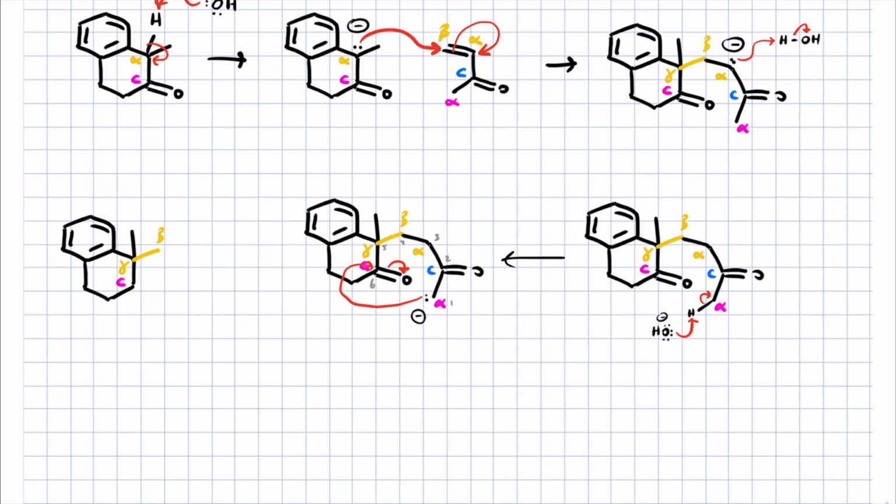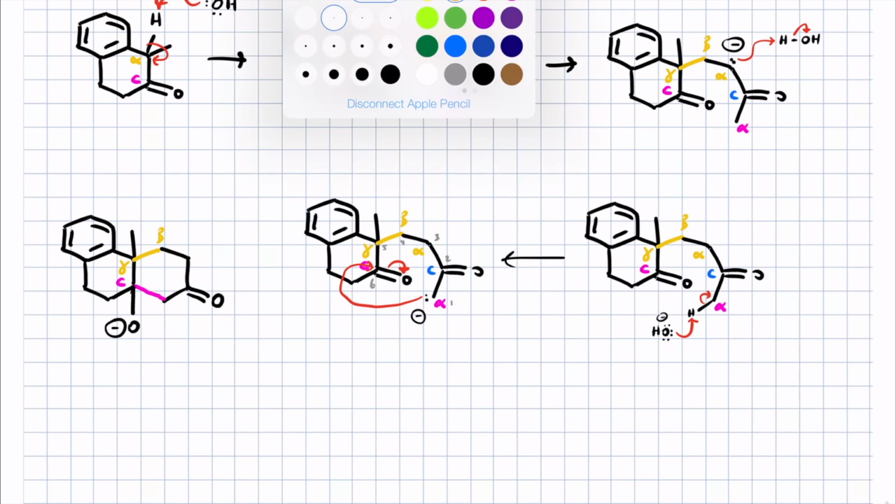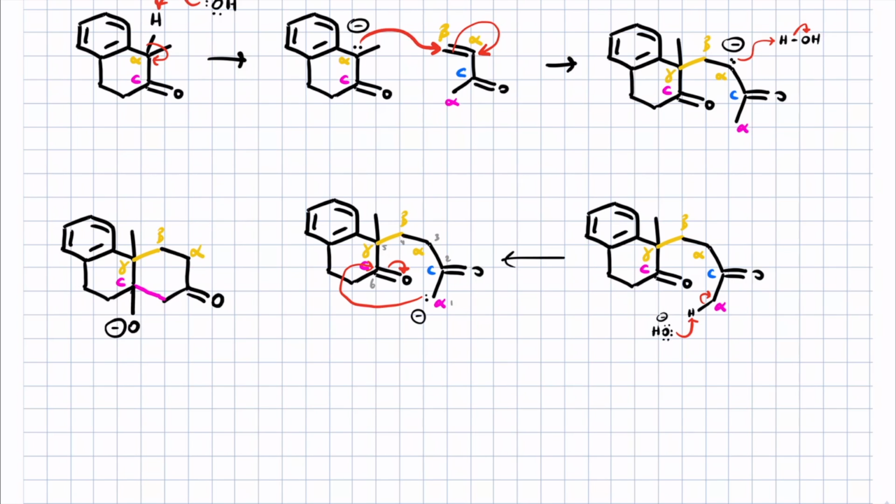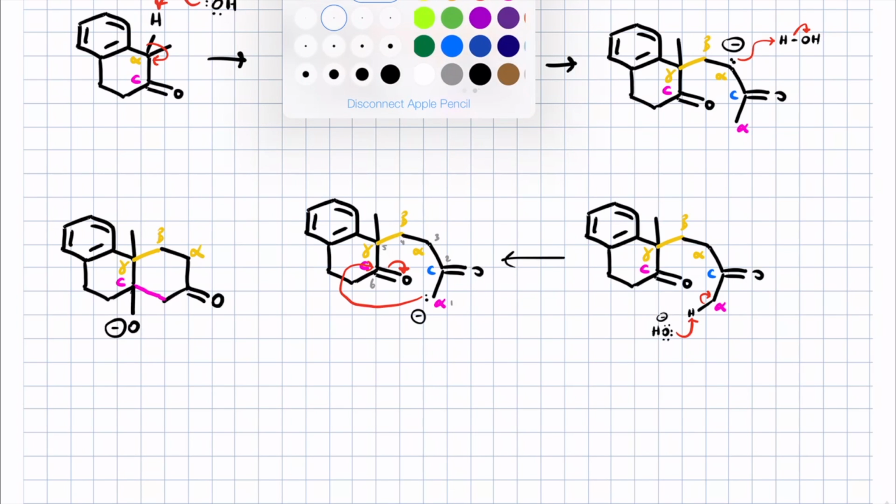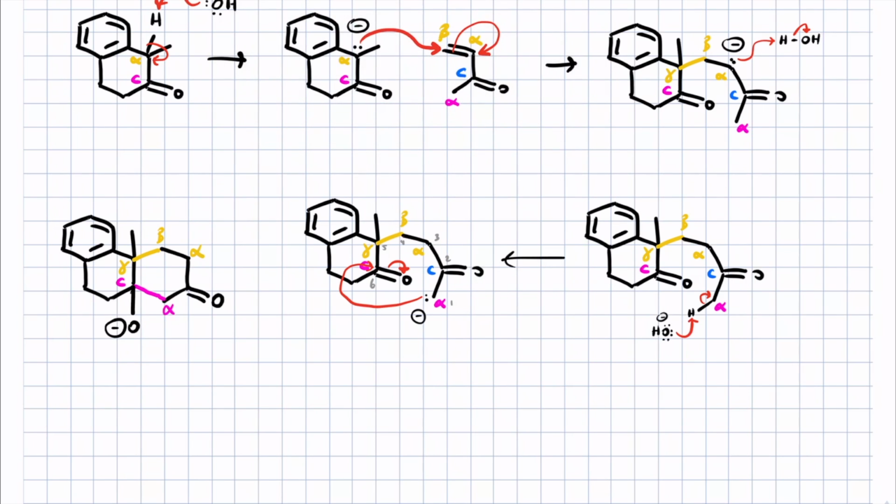So let's just draw what that tetrahedral intermediate would look like. Here is the bond in pink. And we will take lone pair electrons on that oxygen.